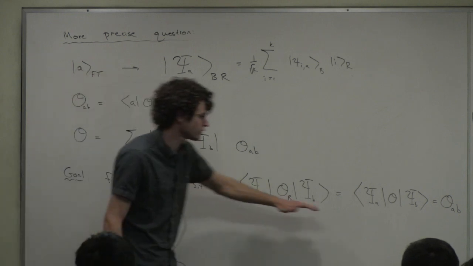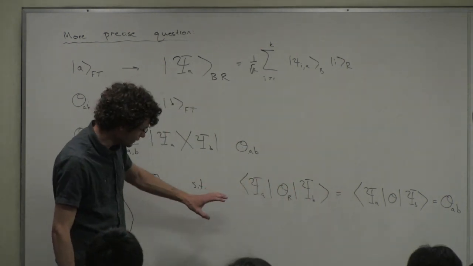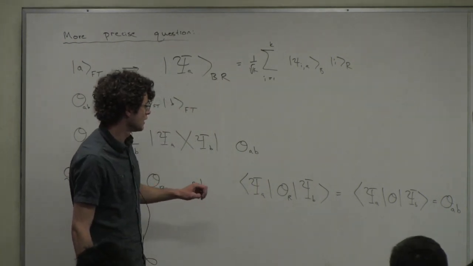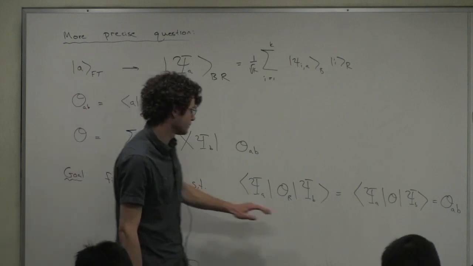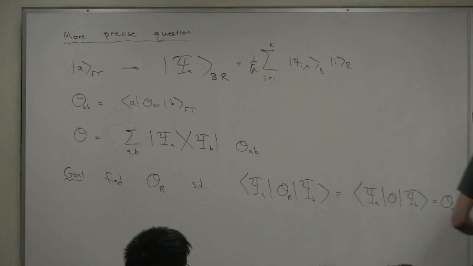Actually, you want a somewhat stronger condition than this, but this is what we're going to analyze today. This is what it would mean for the purposes of today to be able to reconstruct this operator O_AB from the subsystem R. So that's our goal, to find an operator O_R with this property.